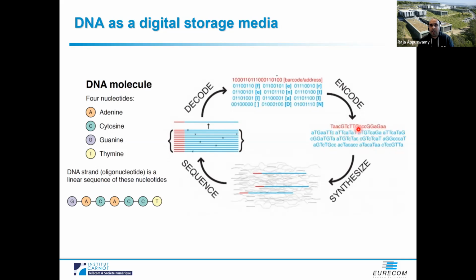Once you have generated this sequence of nucleotides, you can synthesize this DNA and manufacture actual DNA outside, in a very, very tiny test tube. Once you have it, you can sequence this DNA back to get a bunch of what are called reads. This technology is exactly the same that's used for sequencing, for example, the human genome.